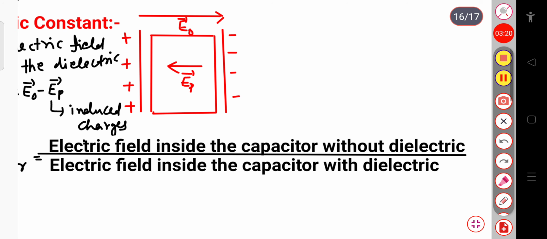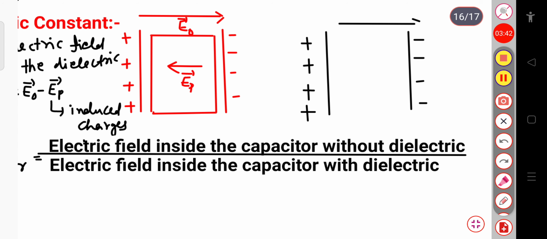Here if I draw two individual diagrams, suppose here I have already introduced the dielectric material, and this parallel plate capacitor has the positive charge here and the negative charge on this part. The electric field is in this direction.